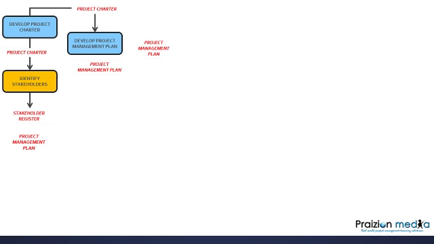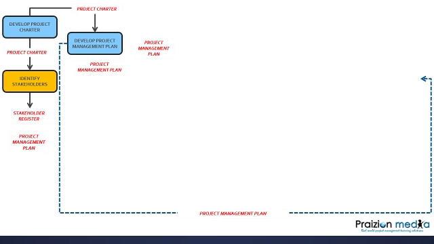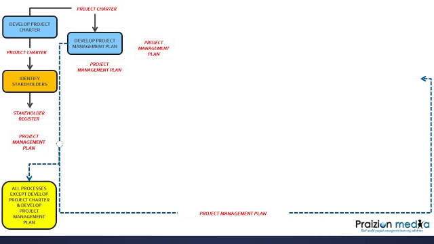Now, there are some overarching theories that I want to show you about the project management plan. It comes out of develop project management plan. And watch this. It goes to a ton of places. In fact, it goes to all processes in the PMBOK guide, except the 2 blue processes on the screen.